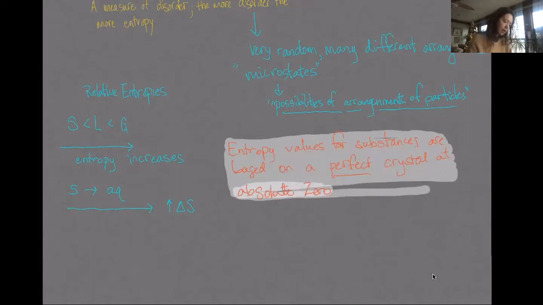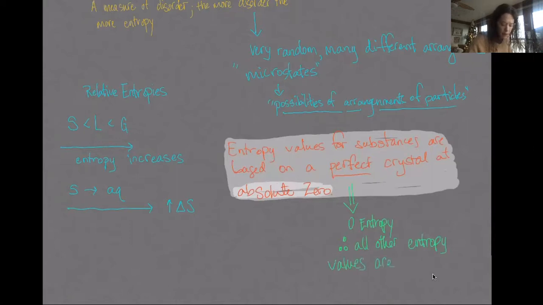That is defined to be zero entropy, okay? All other entropy values are based off of this. Therefore, all other entropy values are positive. Okay?